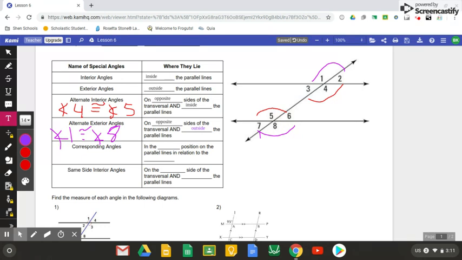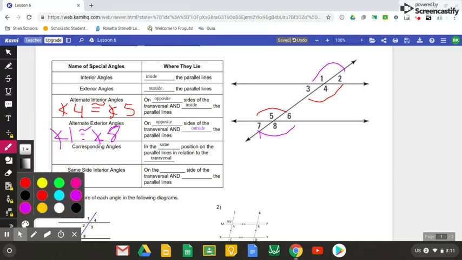All right, so next we got corresponding angles. They are in the same position on parallel lines in relation to the transversal. All right, so what that means is, I haven't used orange. So, corresponding angles. Angle 3.